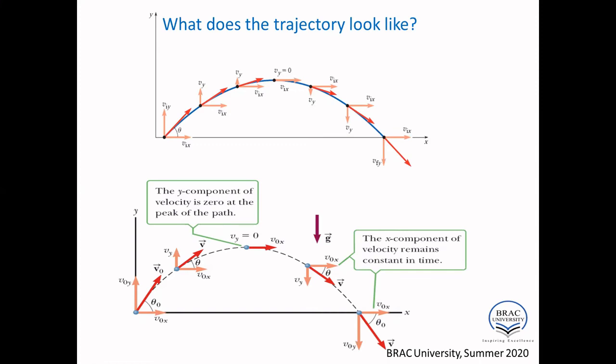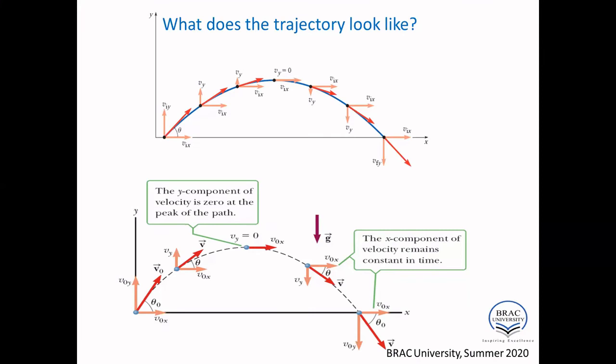We know that the x component, or horizontal component, of acceleration is 0. Since acceleration is 0, the x component of the velocity is constant, because if we differentiate a constant, the answer is 0. The differentiation of velocity gives the acceleration, so that's why acceleration is 0. So the velocity is constant along the x-axis.